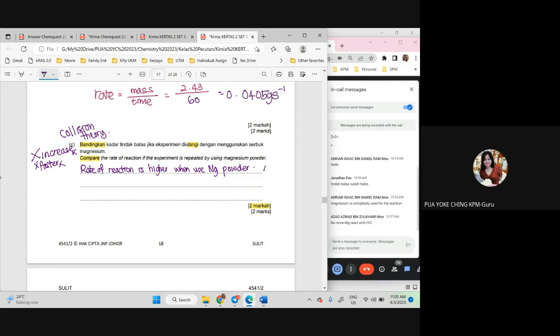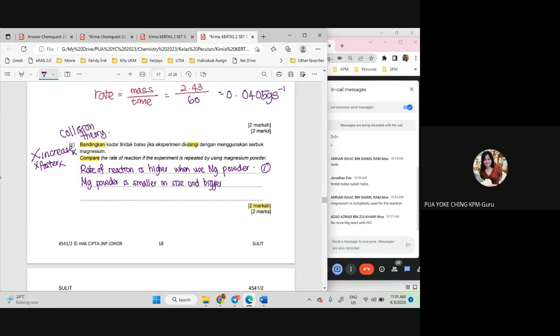So you already know here got 1 mark. So this one is 2 marks. So you rasa apa you kena buat? Second mark, then you just write lah. Magnesium powder, Mg powder is smaller in size and bigger total exposed surface area.